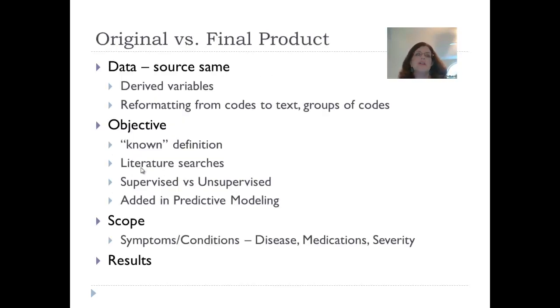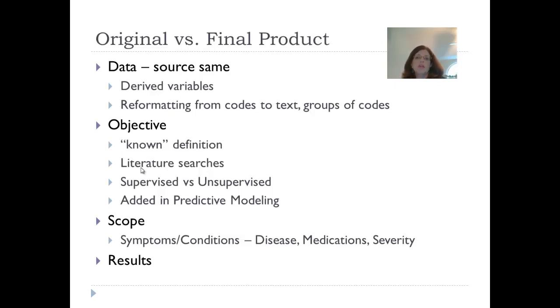Let's consider where we thought we were going to end up and where we actually ended up. The data that we used is the same source, the KID 2009 data from HCUP. We did create some derived variables related to the taxonomy, UC, CD, and also the codes, creating flags. Did this person have this particular disease or not?